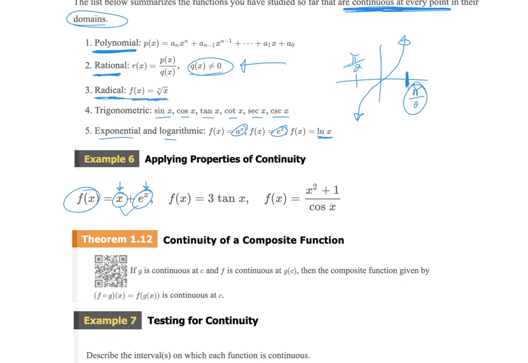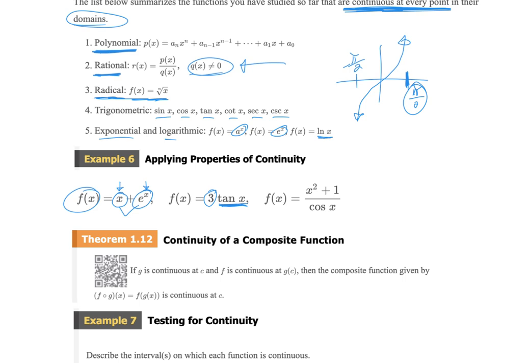So f of x is still continuous. Tangent, now I'm saying continuous on its domain. It may not be across the entire real number line. So 3 times tangent of x is continuous on its domain. If we multiply by 3, it will still be continuous on its domain. Well, that doesn't change it.